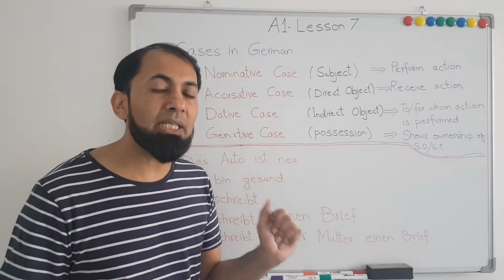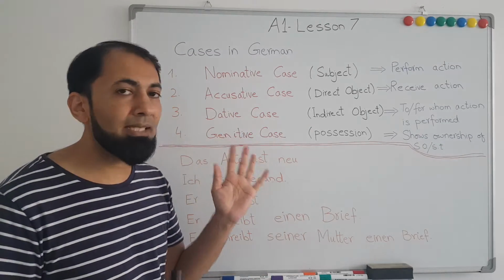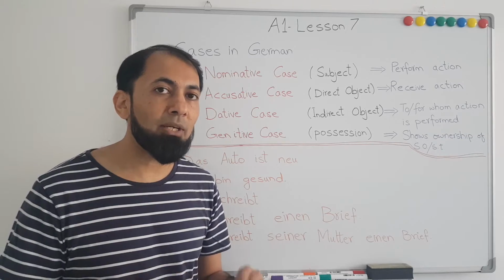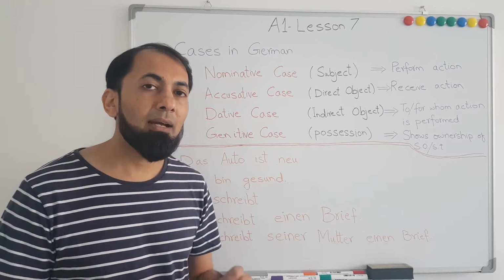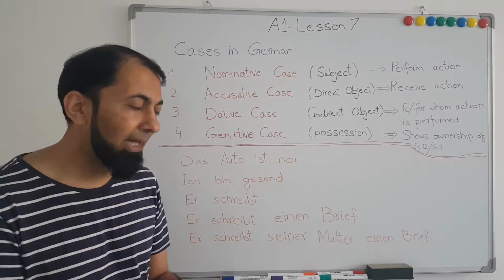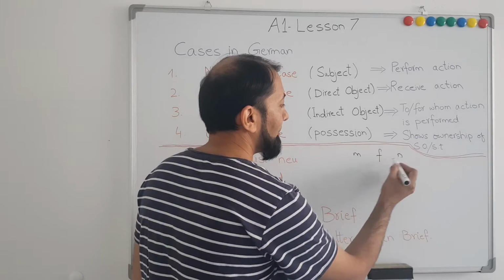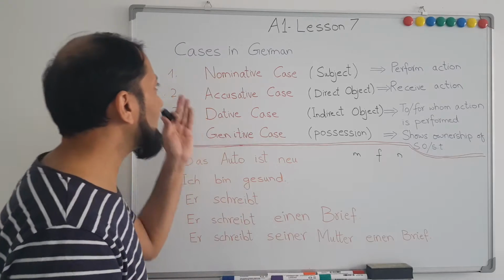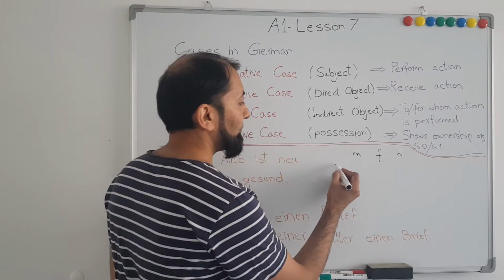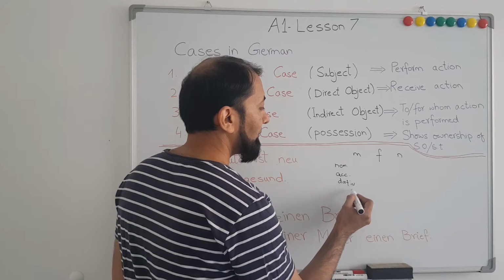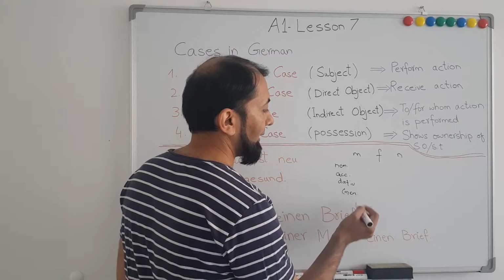And why do we need all these cases? Because we learned in the previous lessons that each German noun has an article. So it can be masculine, it can be feminine, or it can be neutral. And now we see that we have four cases, which are nominative, accusative, dative, and genitive.